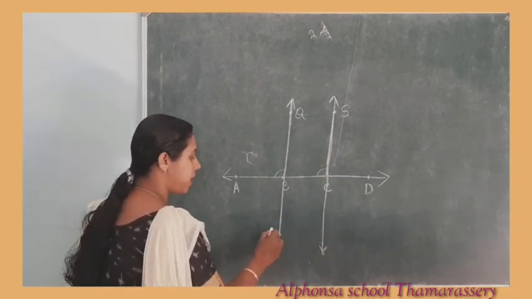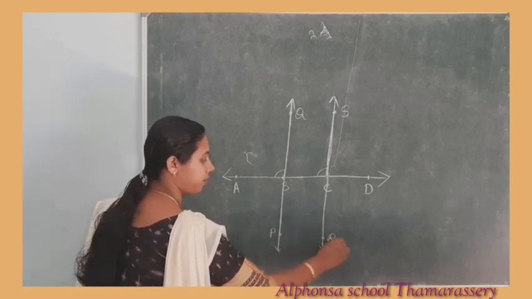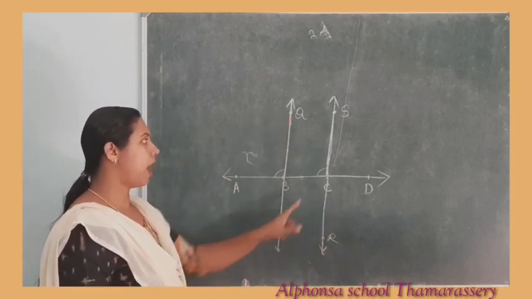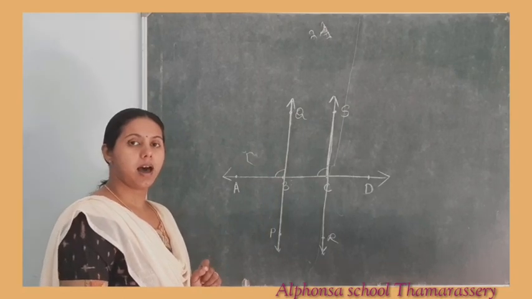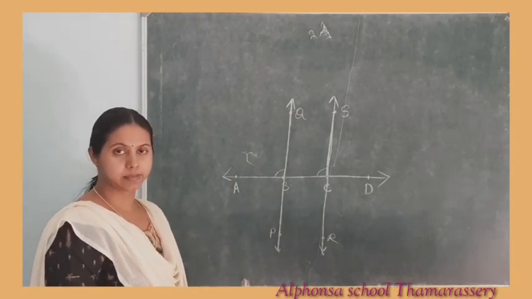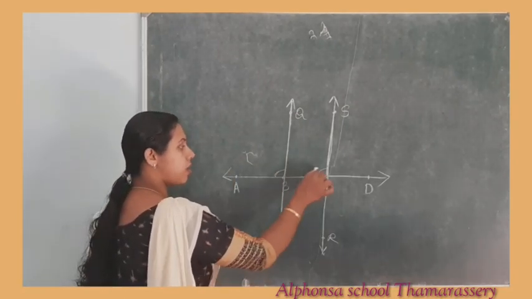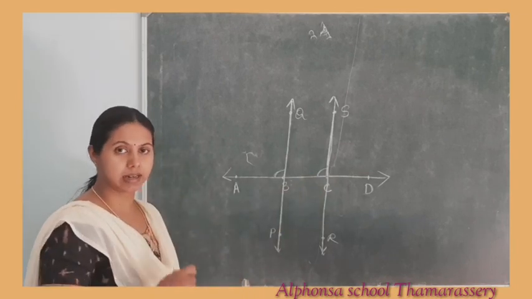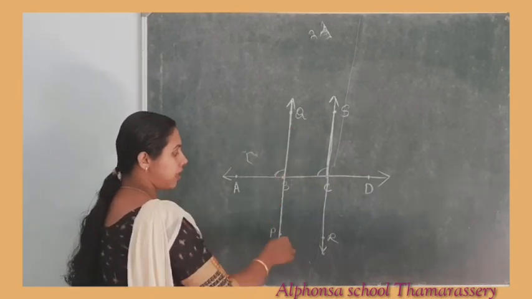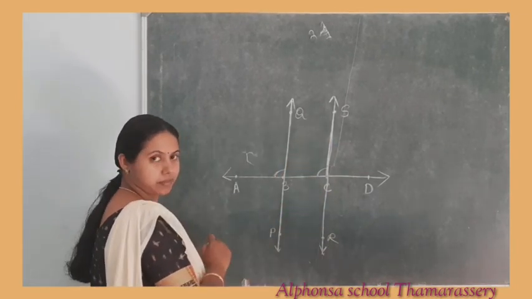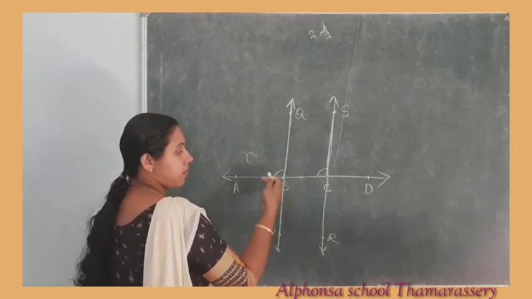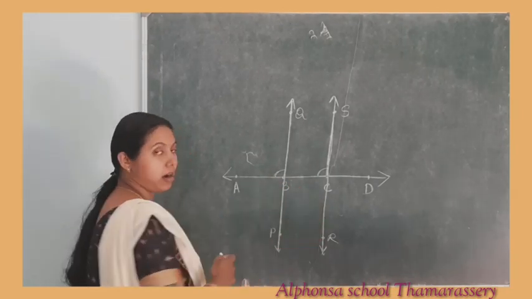Mark the points P and R. Now PQ and RS are two lines. So now we got these two lines. We want to check whether they are parallel or not.